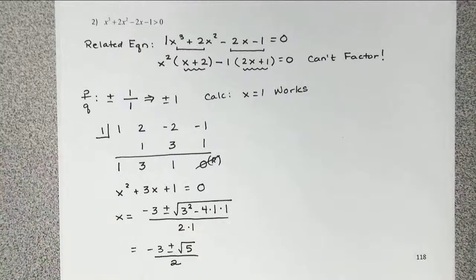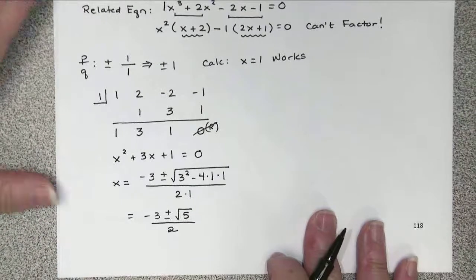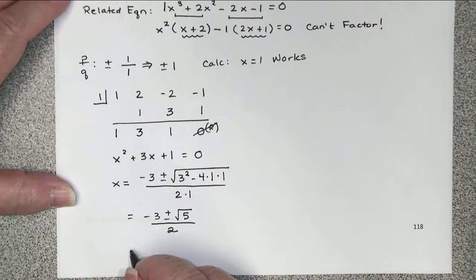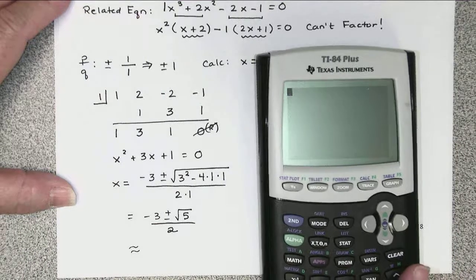And so I do have 2 real-valued solutions. I'm going to go ahead and get decimal approximations, because when I make my little number line to test my solutions, it'll be a lot easier if I've got decimals. So let's see.